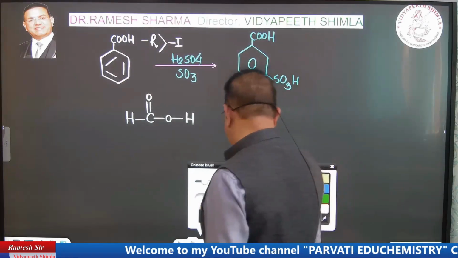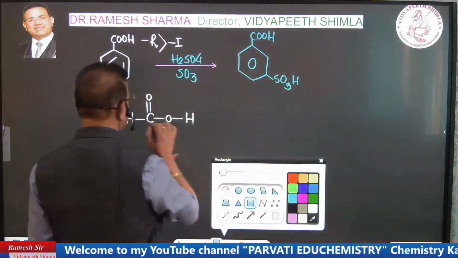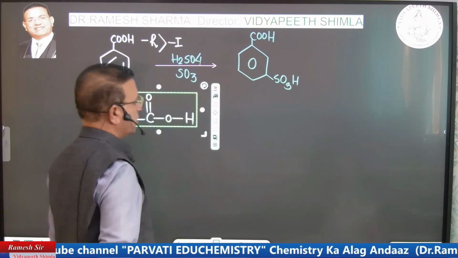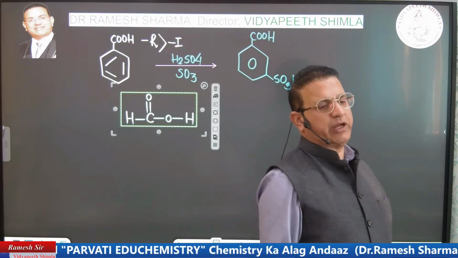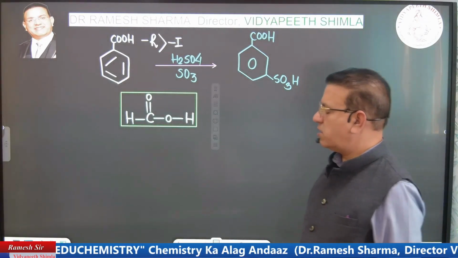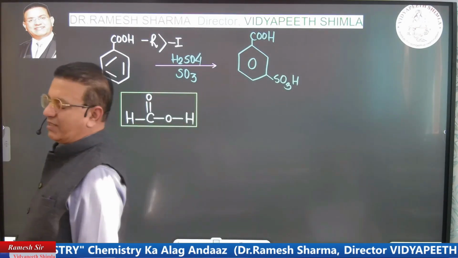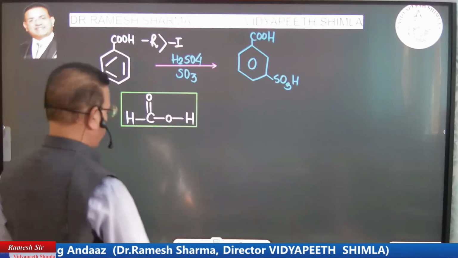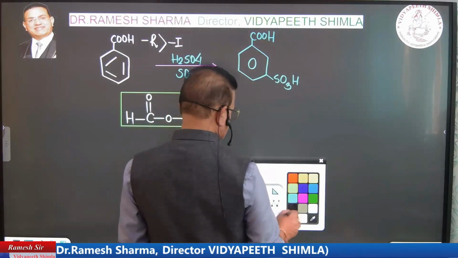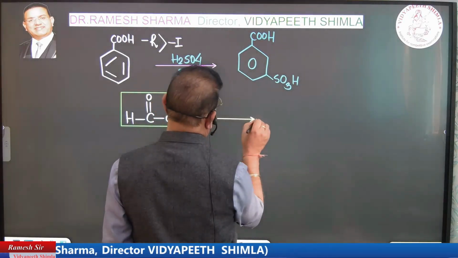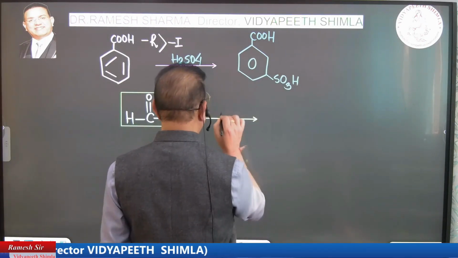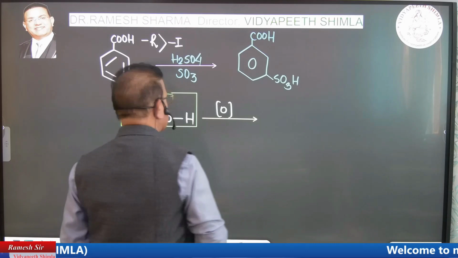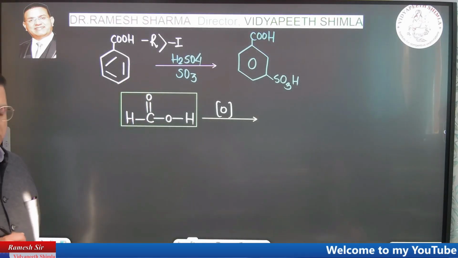Formic acid is the connecting link between the carboxylic acid and carbonyl compounds. It resembles carbonyl compounds in its oxidation behavior.